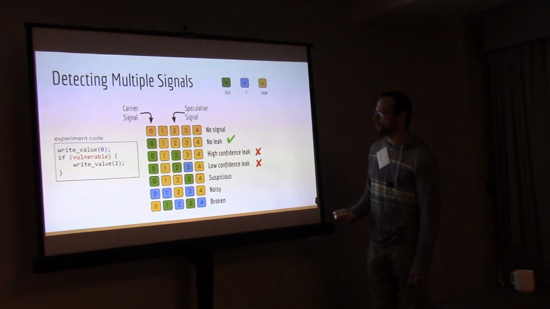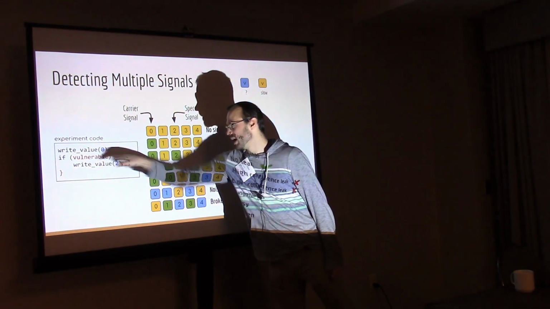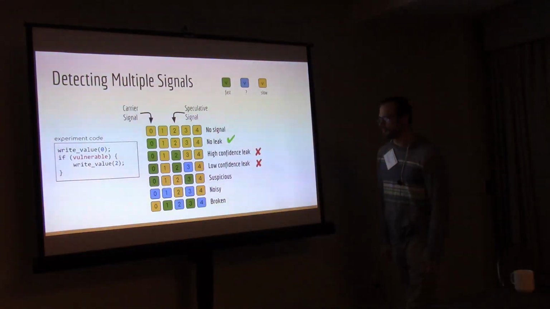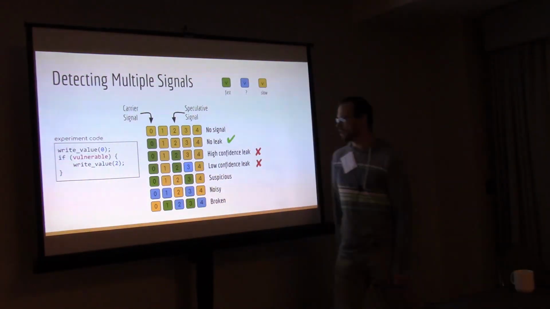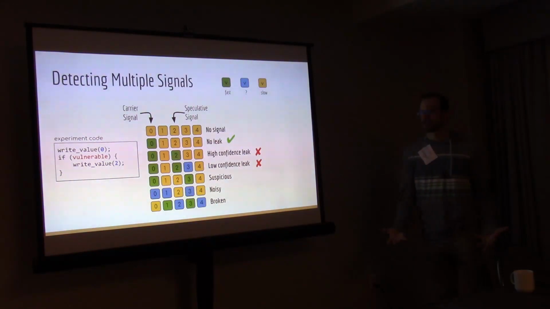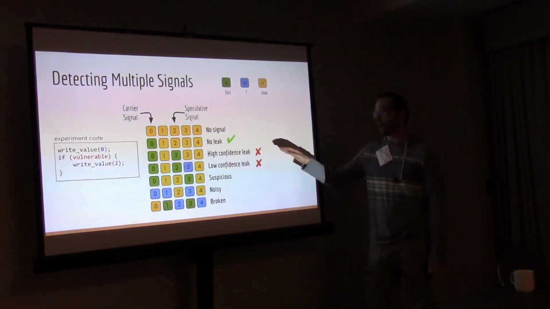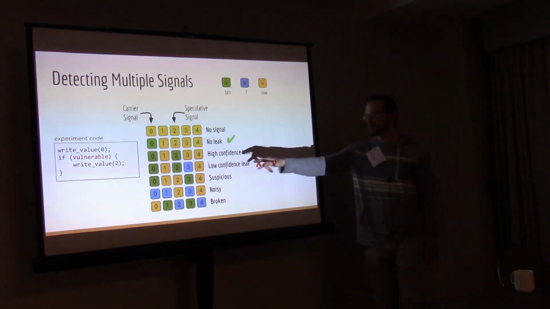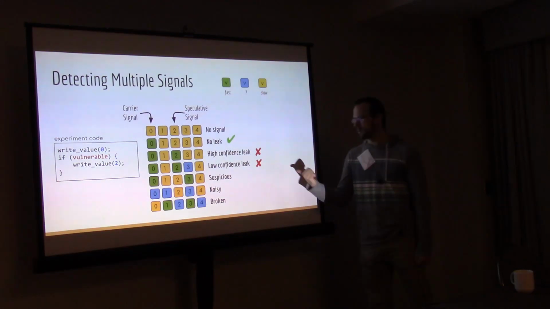For example, if I wrote a 0 in there, and I was trying to execute some vulnerability, and I didn't see a 2 in the channel, that meant there was no leak. Whereas if I saw a 0 and a 2, that's a high confidence leak that whatever speculative thing I was trying to do to make this 2 appear actually was working.